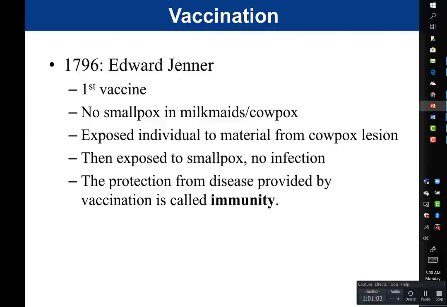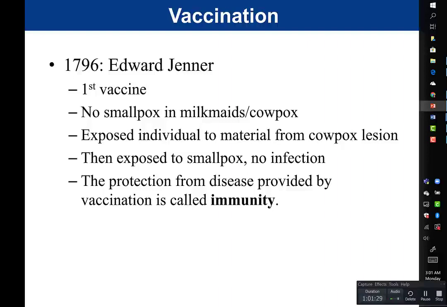So he exposed a healthy individual to the material from the cowpox lesion. And so the child then developed the cowpox, came down with a more mild form of the disease, and then he exposed the child to smallpox and found that when exposed to smallpox, the child did not contract smallpox.